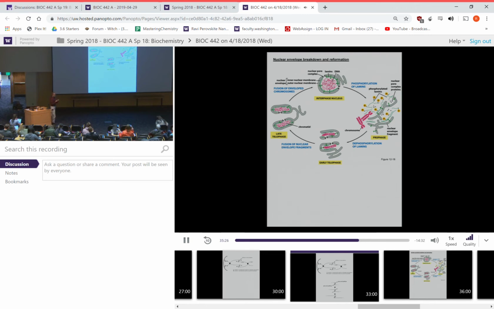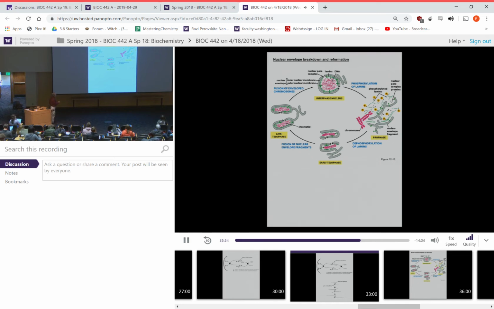Now, what has to happen in M phase is the nuclear envelope has to break down. But what's opposing that breaking down is this meshwork of intermediate filaments. So one of the key phosphorylation events that occurs as we go from G2 into M is phosphorylation of the lamins by the M-CDK complex.